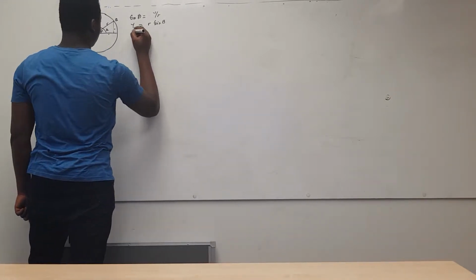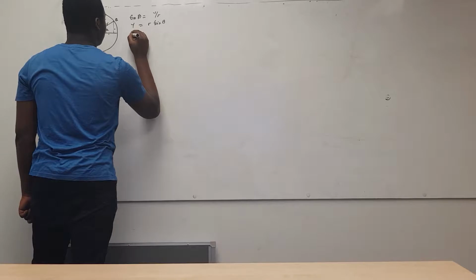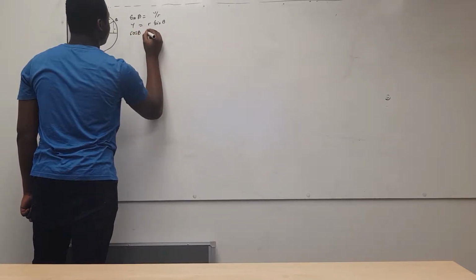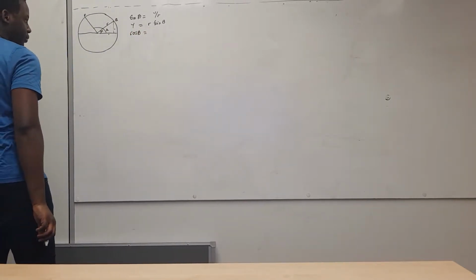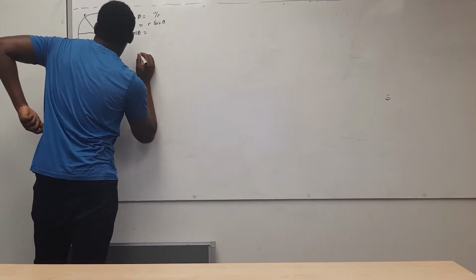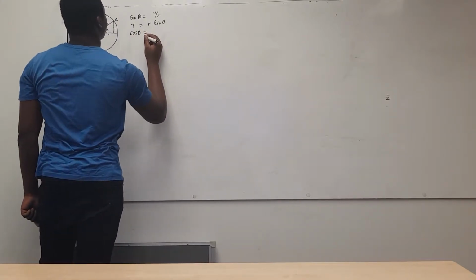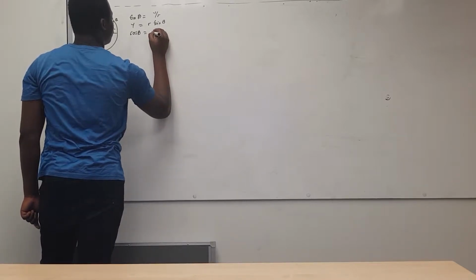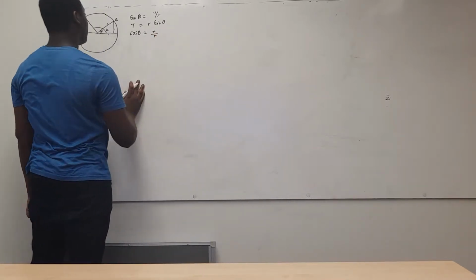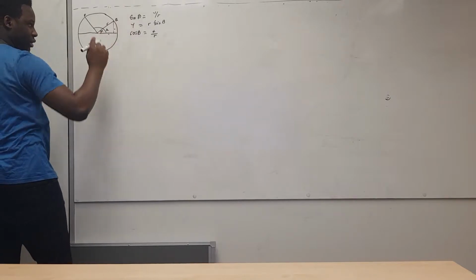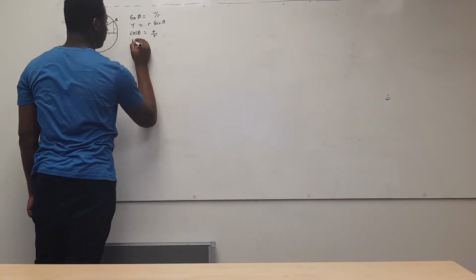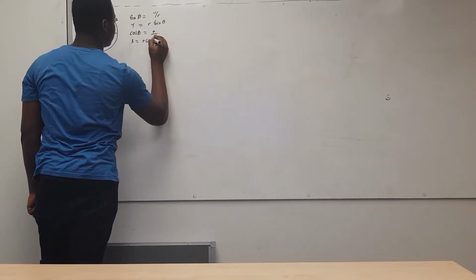The X component is going to be defined by cosine. Cosine of B is equal to, therefore the X component of this line is given by r cosine b.